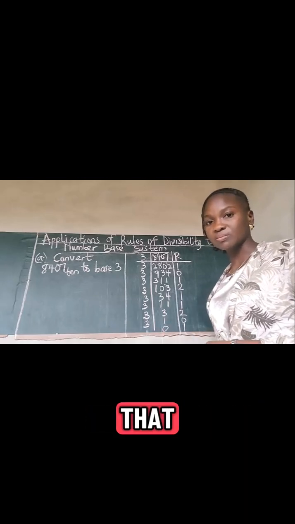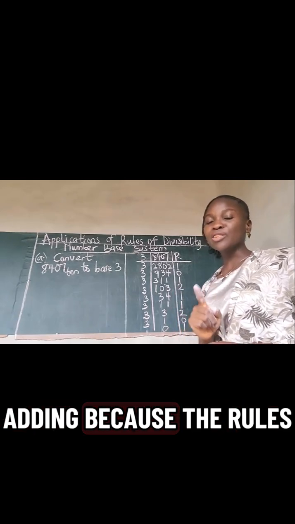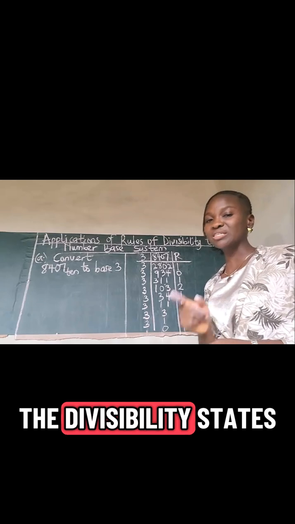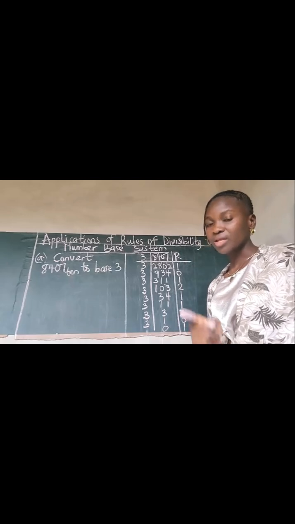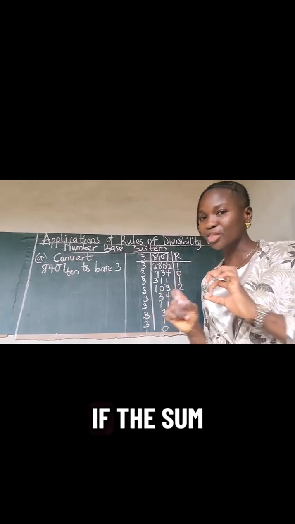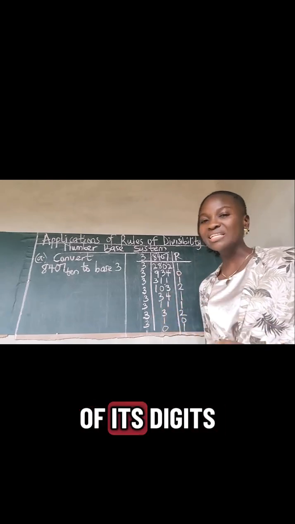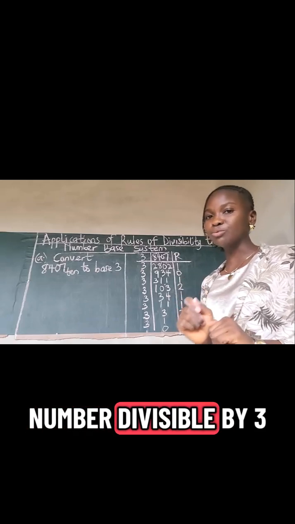So let's do that. Now, why are we adding? We're adding because the rule of divisibility states that a number is divisible by 3 if the sum of its digits gives you a number divisible by 3.